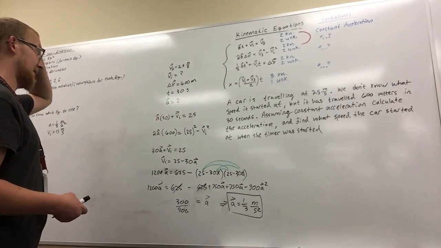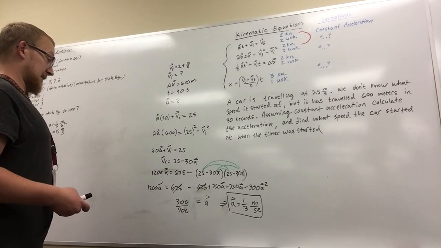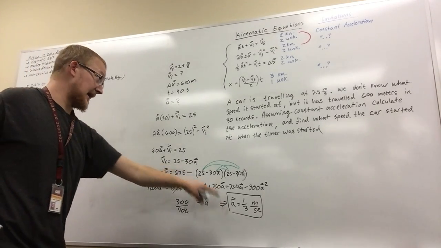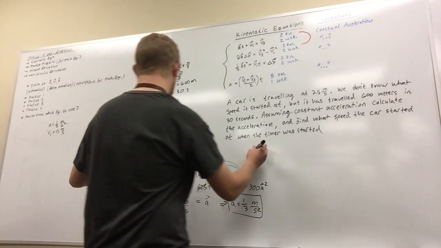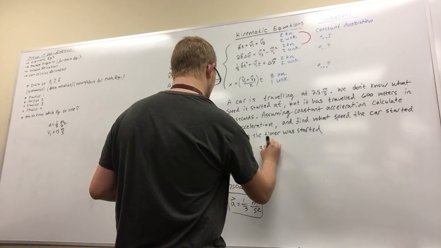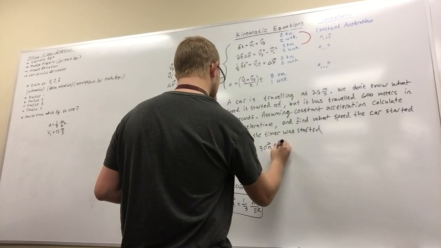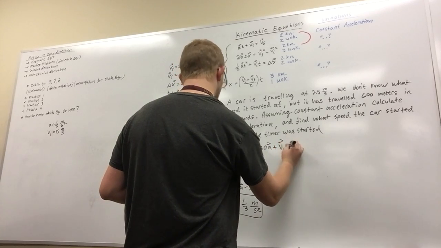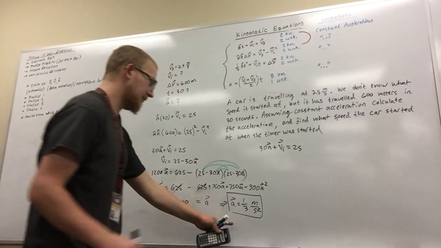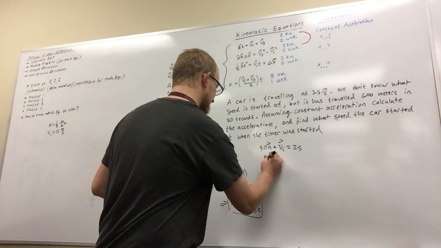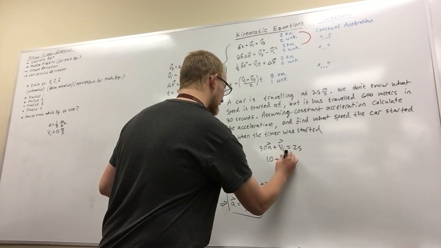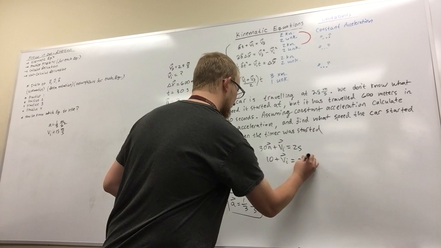Now what we can go ahead and do is go back and plug in for a and solve for Vi. So let's use this equation, 30a plus Vi equals 25. Well, now that we know that a is 1/3, 30 times 1/3 is 10, plus Vi equals 25.